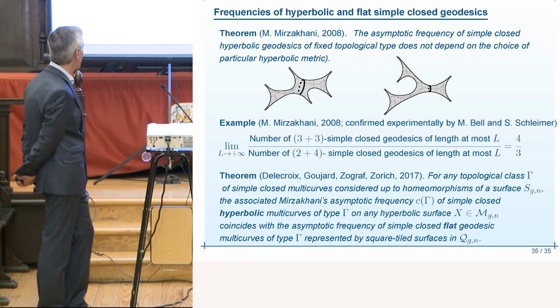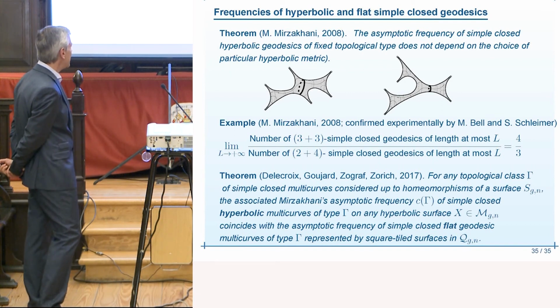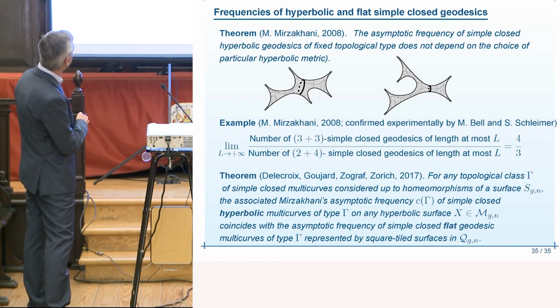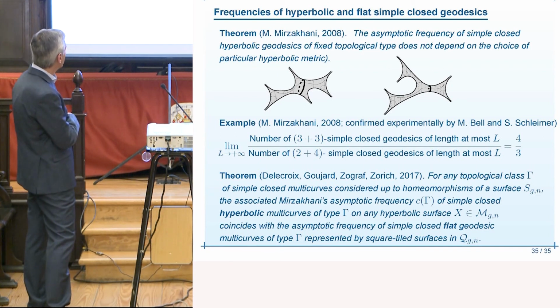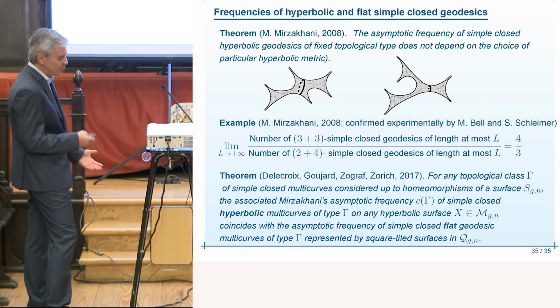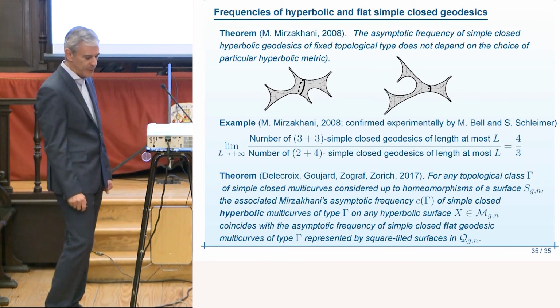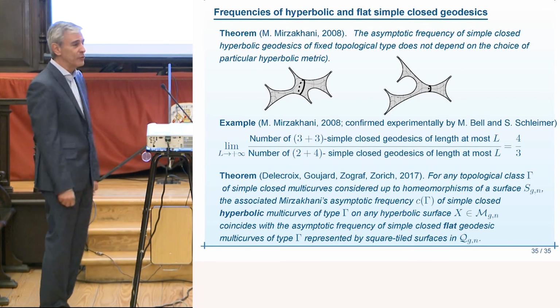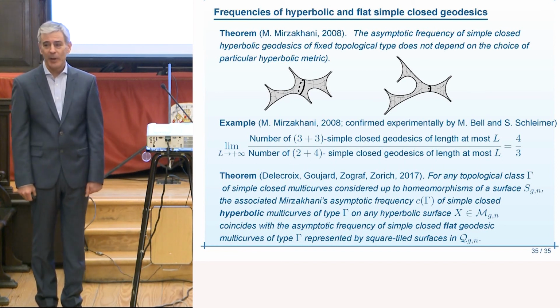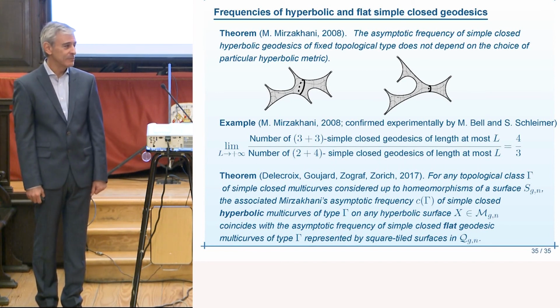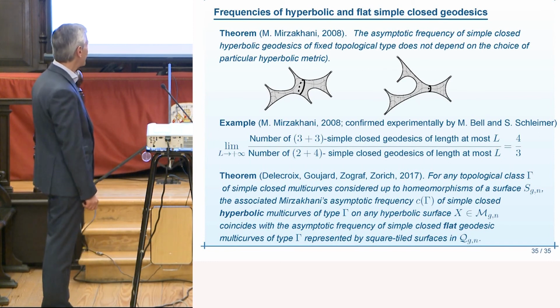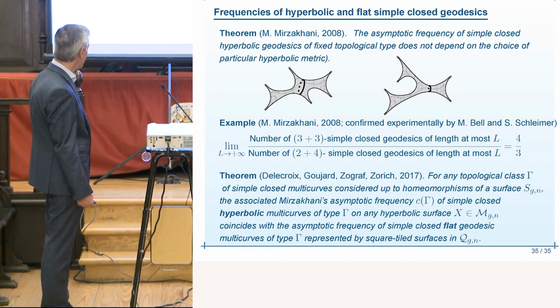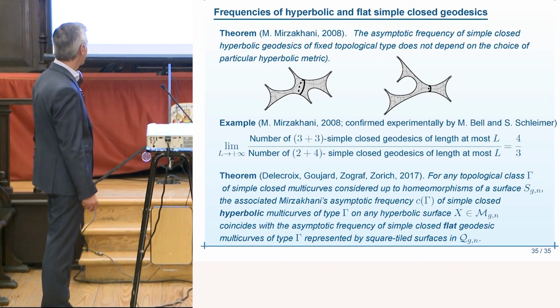And now the claim is that, instead of a single simple closed curve, you can consider multi-curves. Why not? Of course, the result of Mirzakhani is more general. It is formulated for any multi-curve. And the claim is that if you consider not simple closed hyperbolic geodesics, but simple closed flat geodesics, then the corresponding asymptotic proportions are exactly the same if you give a reasonable sense to the counting problem.